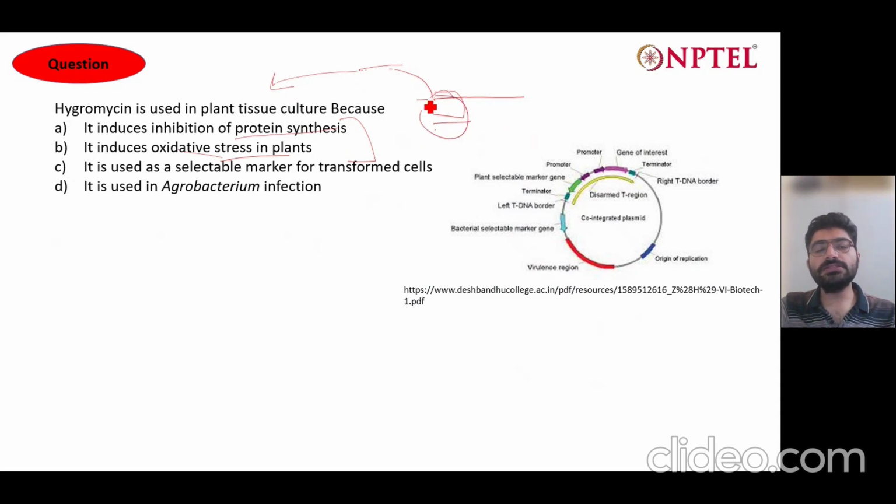So the plant having that gene will survive.